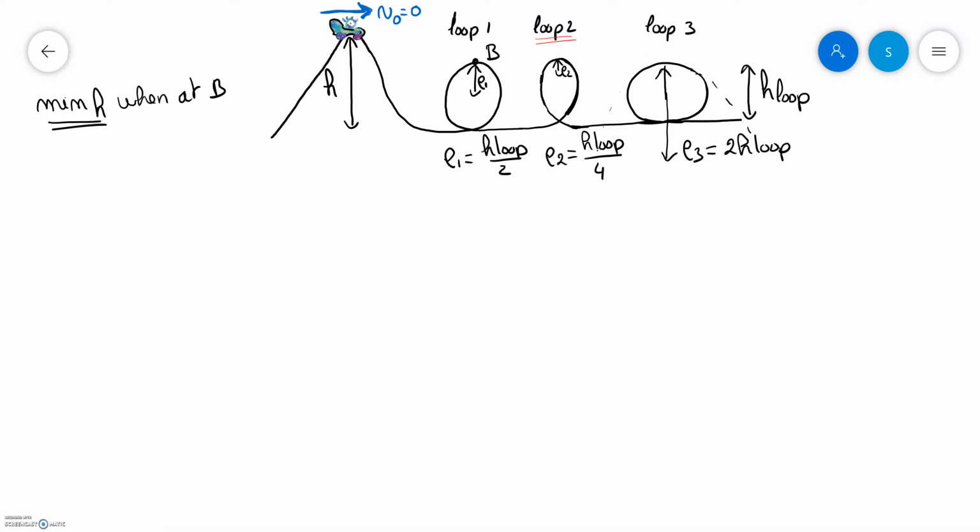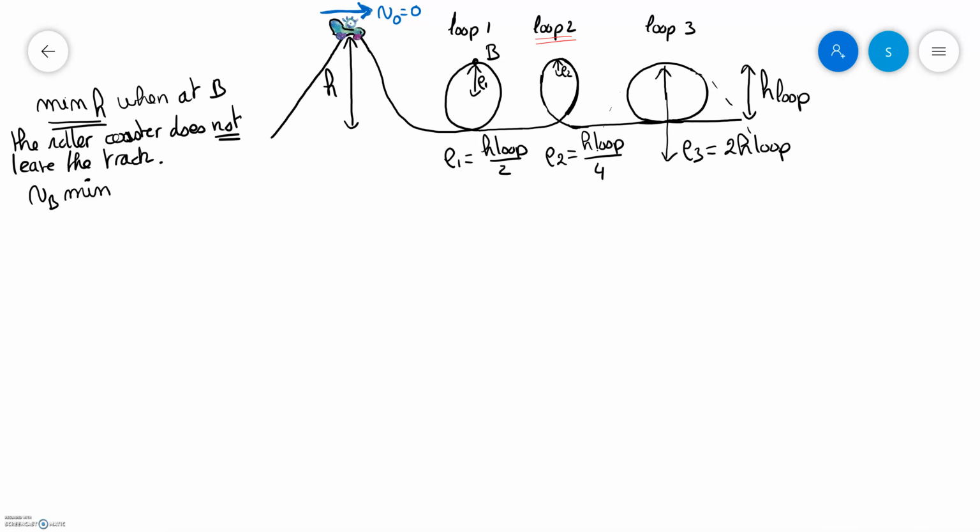So the roller coaster does not leave the track. We can solve for when it's about to leave, and that's the limit. Using this information, we will find the minimum VB.